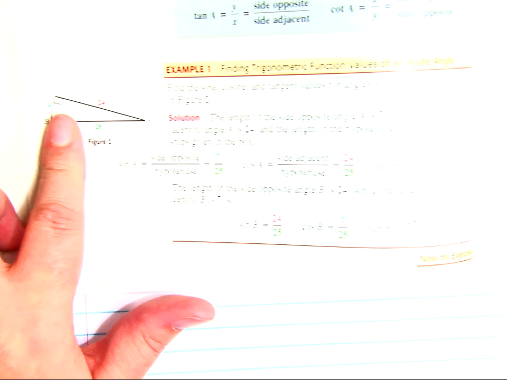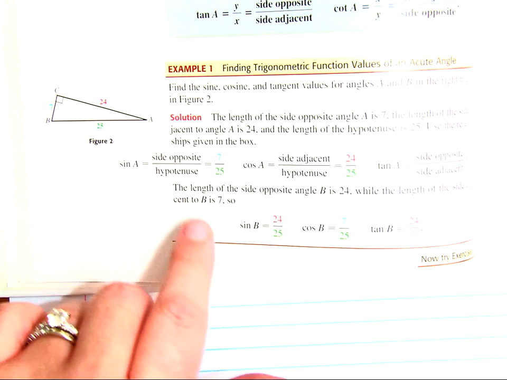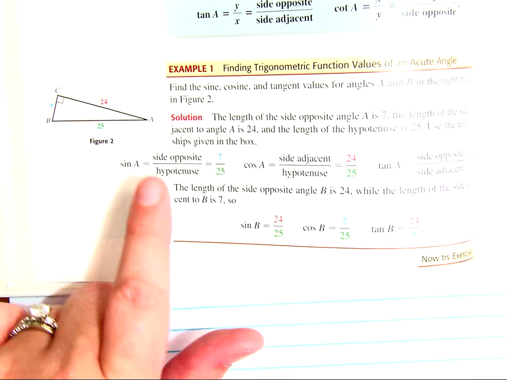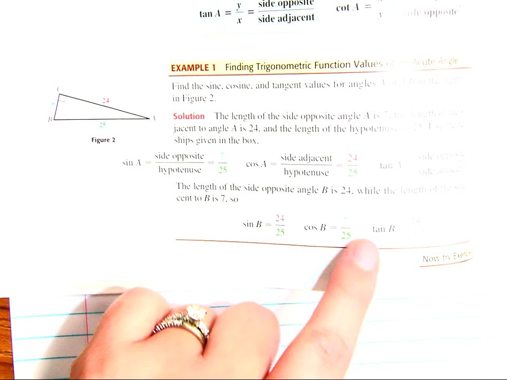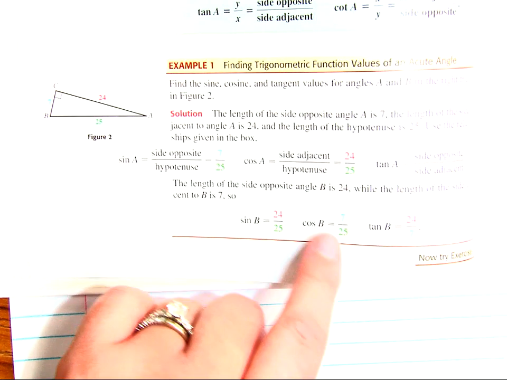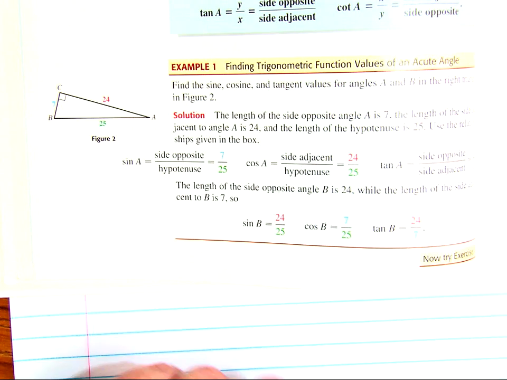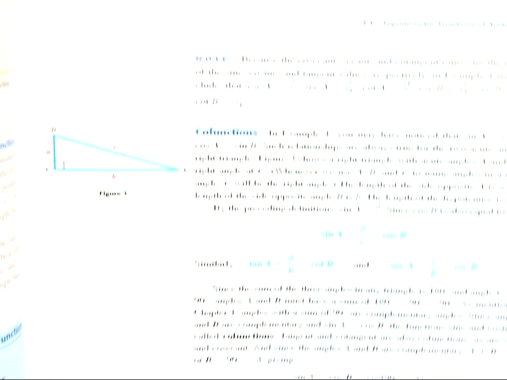Angle C is the right angle, and then we're talking about angle A and angle B. The sine of A is 7/25, and that's equal to the cosine of B. And that's important. Sine and cosine are actually what we would call cofunctions of each other.